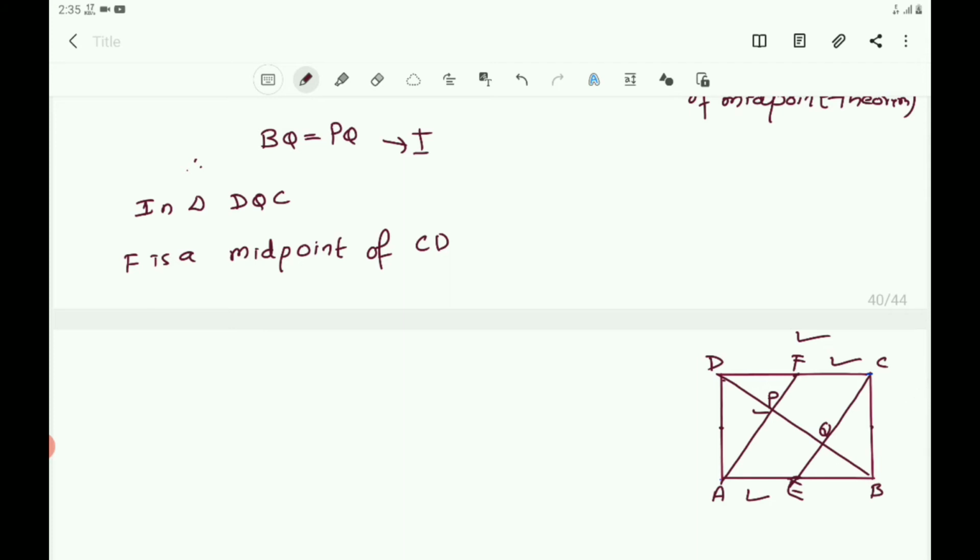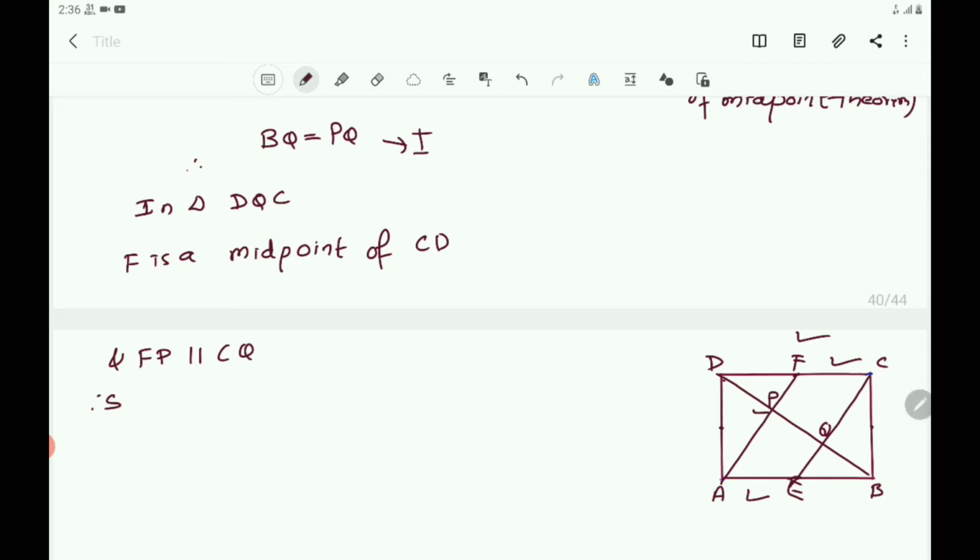Therefore, P is also the midpoint of DQ.